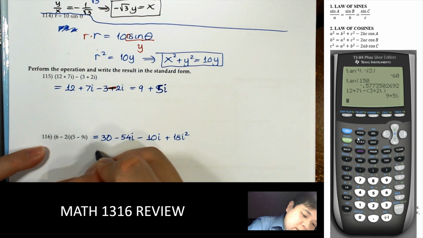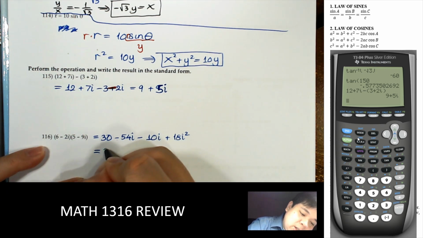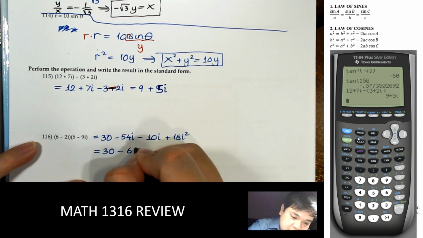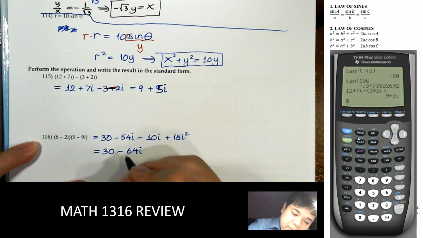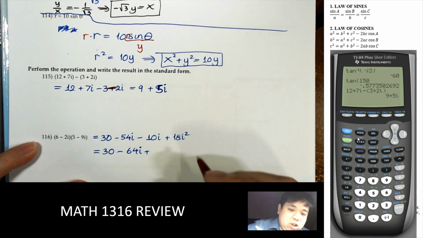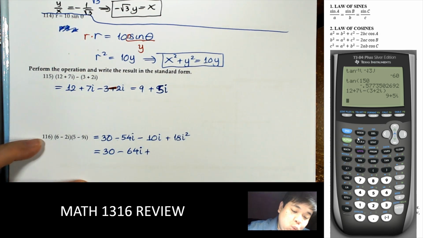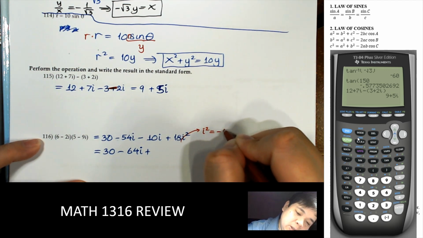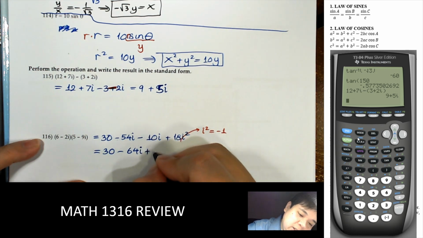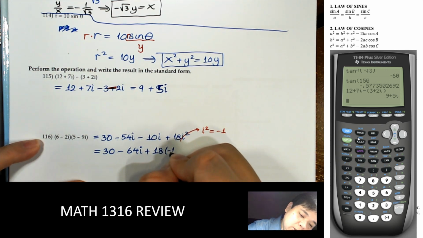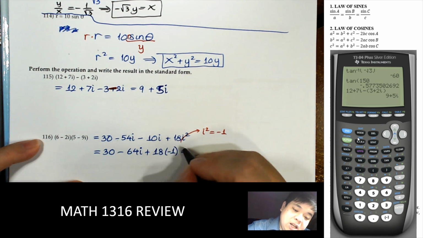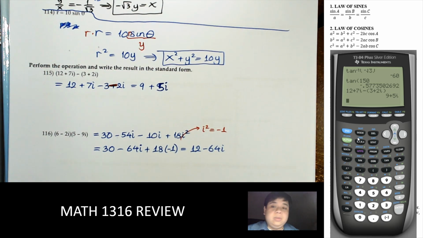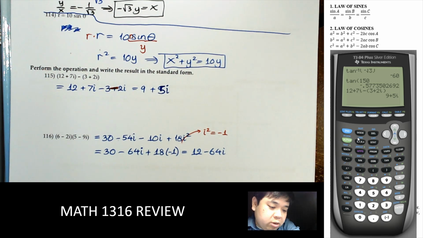Combine like terms: 30, minus 54 minus 10 gives minus 64i, plus we have i squared. i is imaginary, and i squared will be negative 1. So we substitute in: 30 minus 18 is 12, minus 64i. It's straightforward.